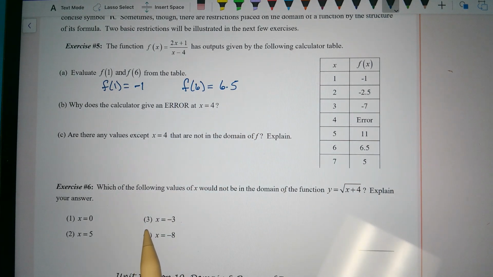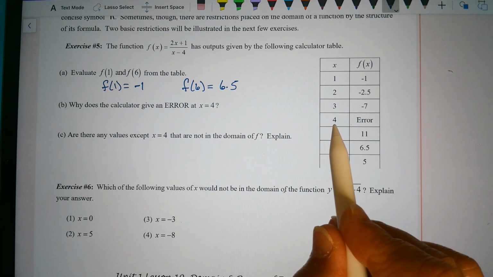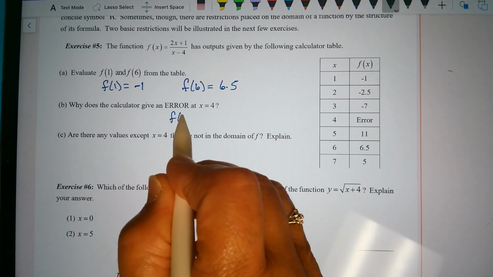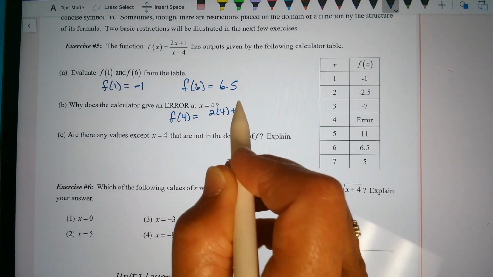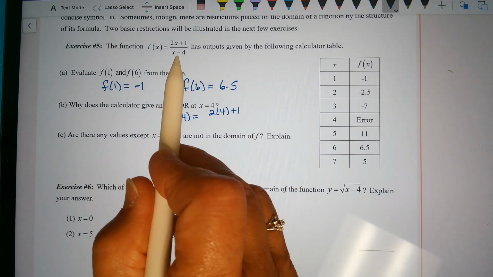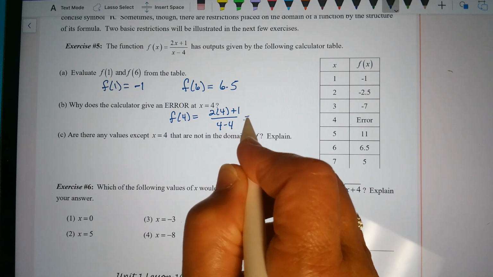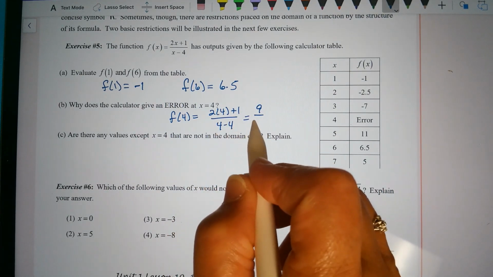Why does the calculator give an error at x equals 4? That's right here. An input of 4 gives an error. Well, what does f of 4 give us? We plug this into our function above. We get 8 plus 1 is 9, and 4 subtract 4 is 0.